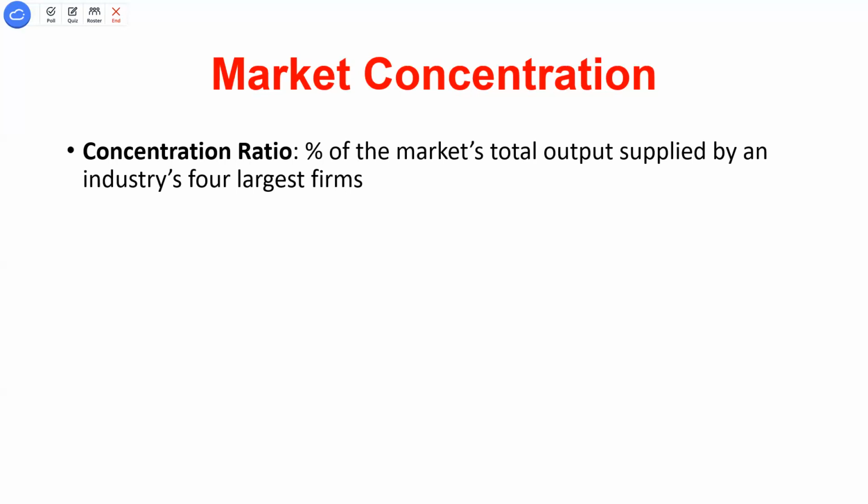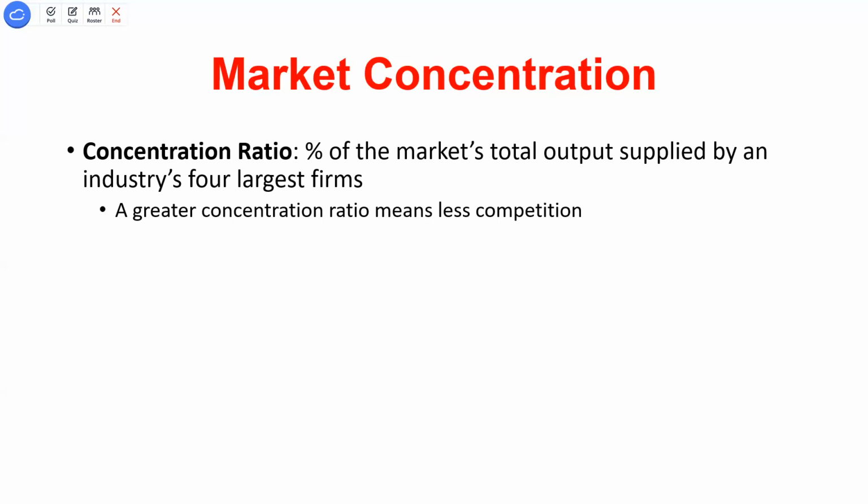It's always going to be in percentage form. As the four firm concentration ratio goes up, that tells you the top four firms produce a larger percent of the total output in the industry.